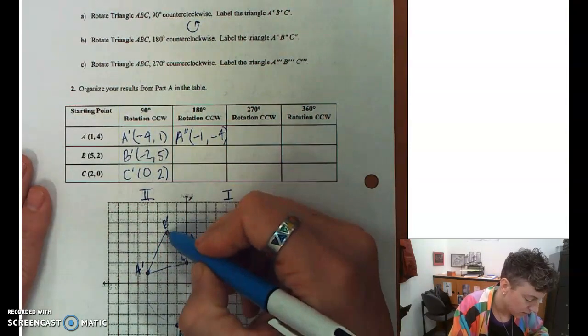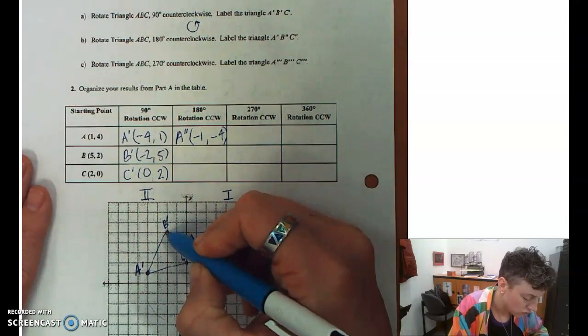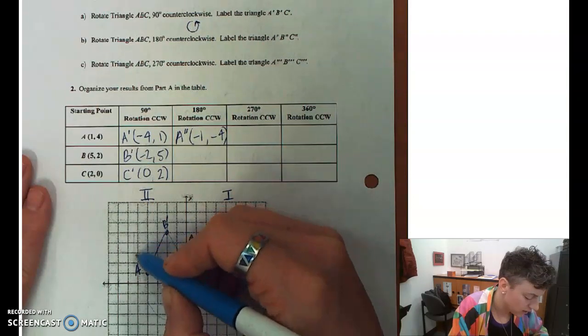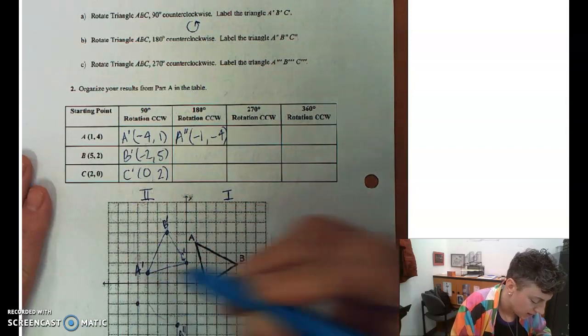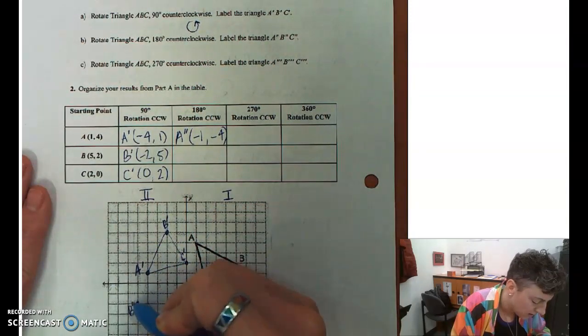B prime was at -2, 5. Rotate it counterclockwise. It's going to be at -5, -2.